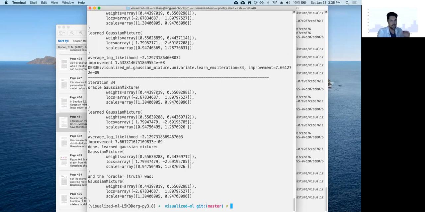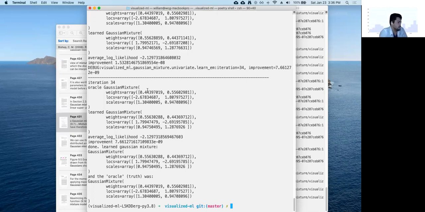So what just happened here, and I'll run this again so we get a look at how things are progressing. This is the same algorithm where I started with a Gaussian mixture. And then I want to see if I sample some data from it, can I recover the generating distribution again?